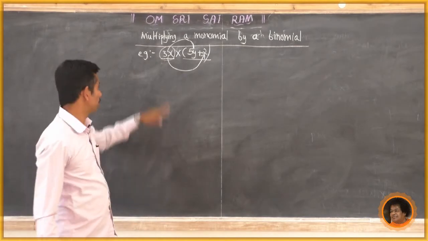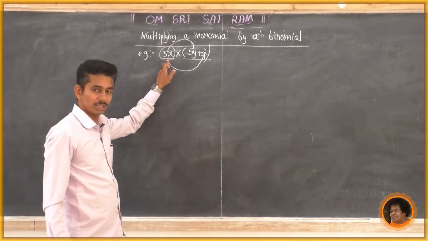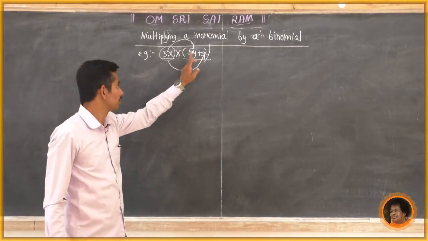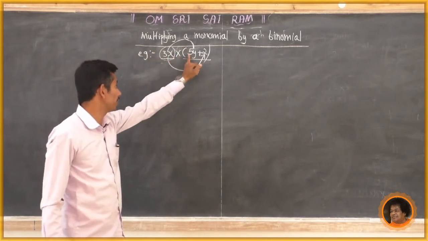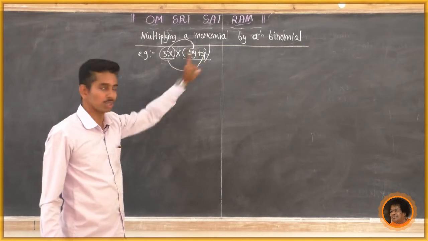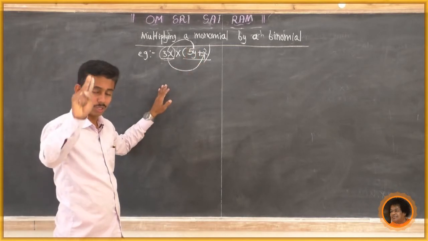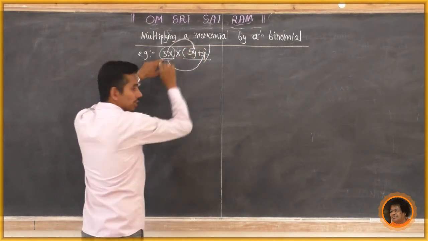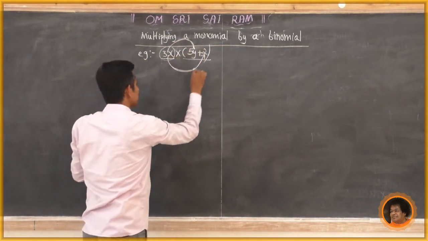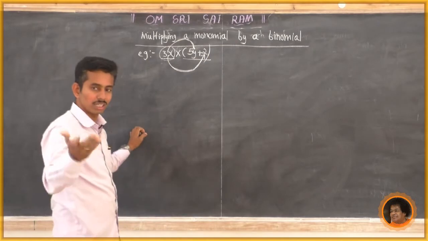Why? Because we multiply the monomial, this single term, into every term present in the binomial. So 3x is multiplied to 5y. After that, this 3x is multiplied to 2. Then we get the product.